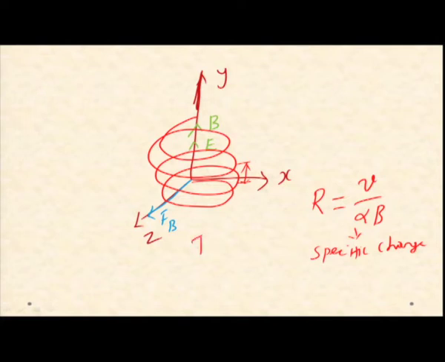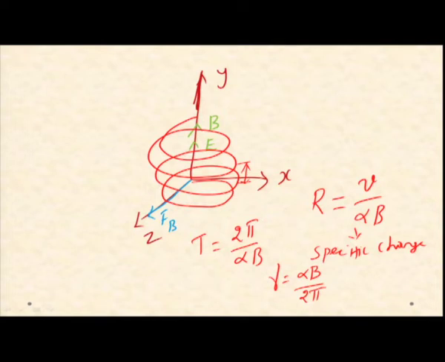Then the time period taken by the charged particle to complete one rotation, T, is equal to 2 pi by alpha B. Then the frequency of the charged particle, nu, is equal to alpha, the specific charge, times the magnetic field B, divided by 2 pi. So this is the time period and frequency of the motion of the charged particle.